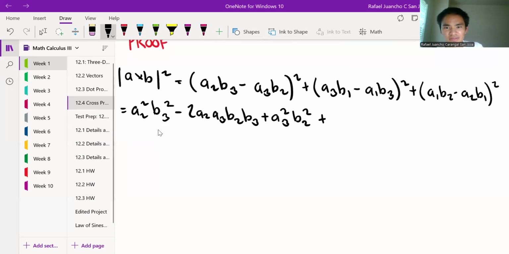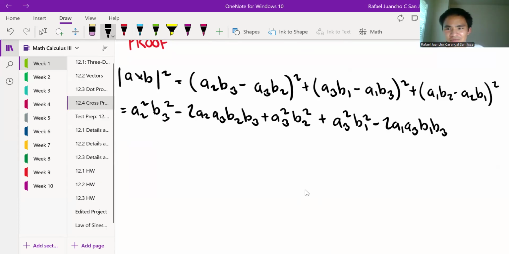Now we're adding. Same idea: A3 squared B1 squared minus 2 A1 A3 B1 B3. There's a pattern here.